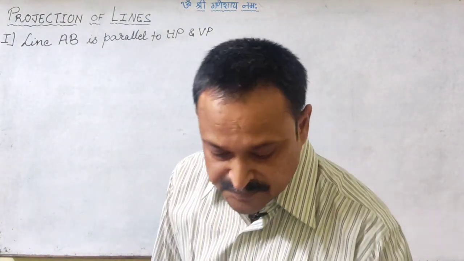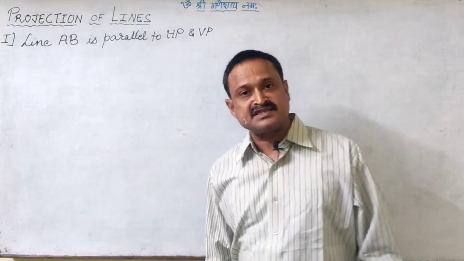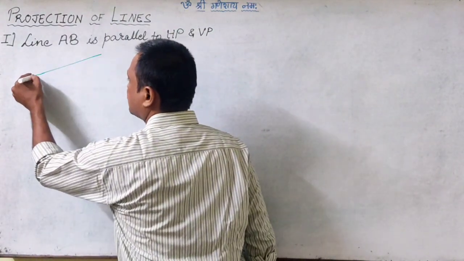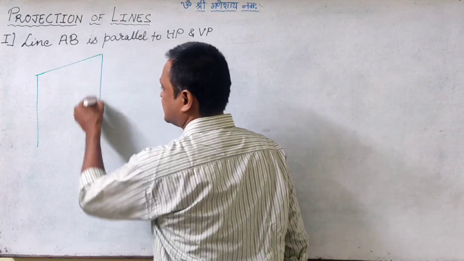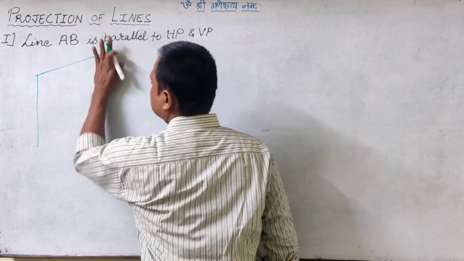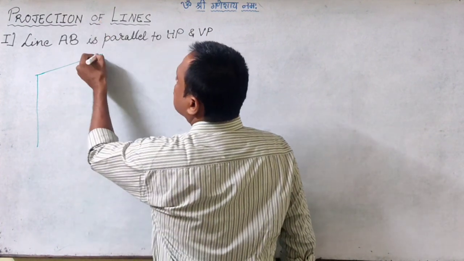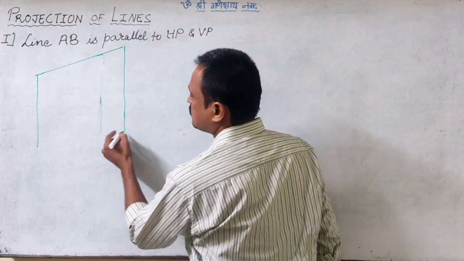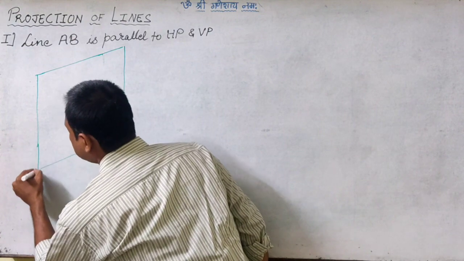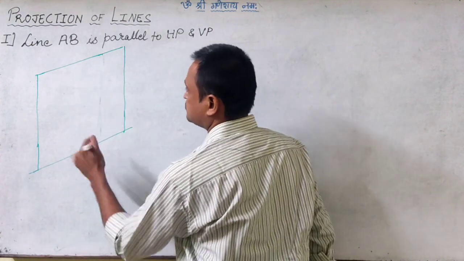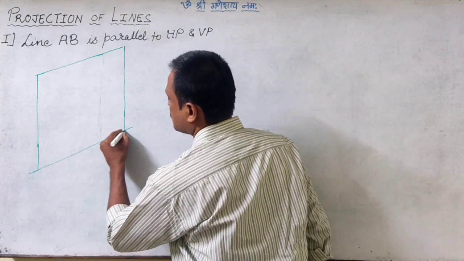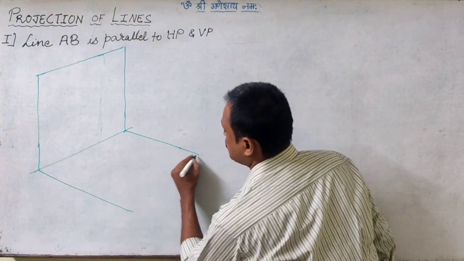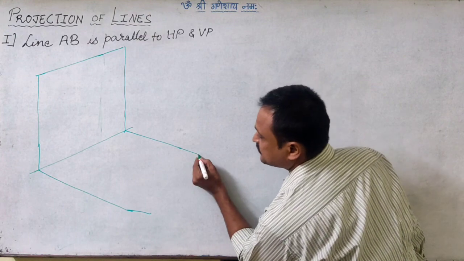For this, first we'll try to understand this in a three-dimensional approach or a pictorial approach. So let us say this is the vertical plane, and this is the horizontal plane.